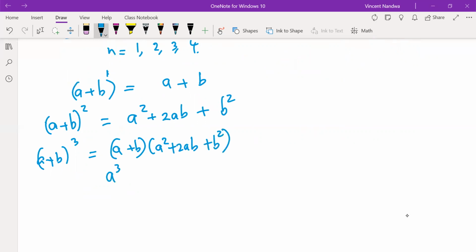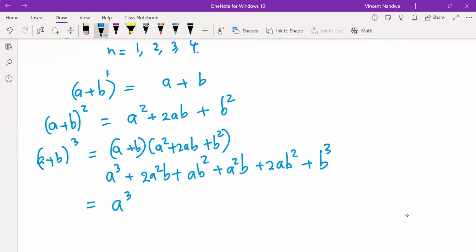A by that gives a cubed plus 2a squared b plus ab squared, and b by that gives a squared b plus 2ab squared plus b cubed. So this term and this term are like, so it will be 3a squared b. This term and this term are like, so I'll have 3ab squared, then plus b cubed.